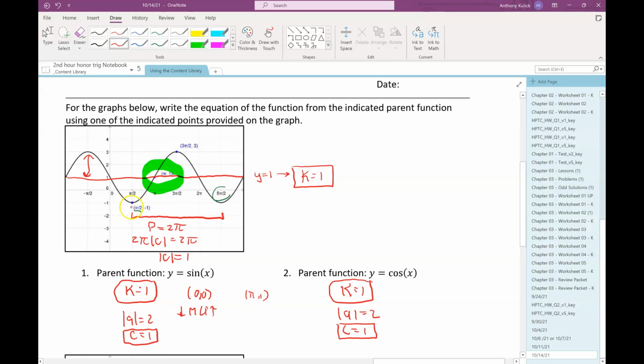And I notice that I go from minimum to midline to maximum. Because those are the same type of midline points, I know the A is positive. And because the parent function x coordinate is 0, the transform function's x coordinate is h.